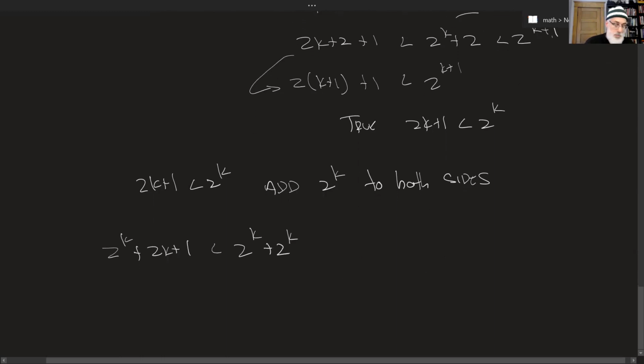And from the previous left-hand side, we had (k+1) squared, which was equal to k squared plus 2k plus 1, which we said was less than 2^k plus 2k plus 1, which is less than 2^k plus 2^k.